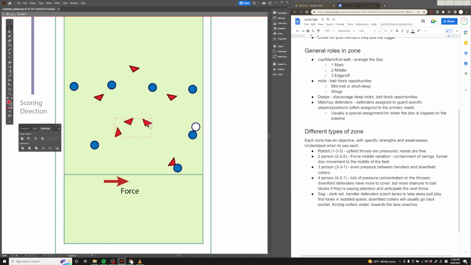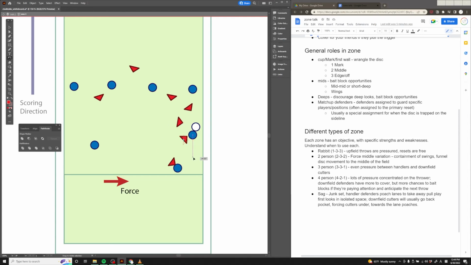Now, as that's happening and the trap call is made, the rest of the cup will continue to operate as a cup, but this player, number 2 in our cup formation, 1, 2, 3, 4, will become the mark. And we again are going to shift the cup to really take away any lateral throws back towards the middle of the field.